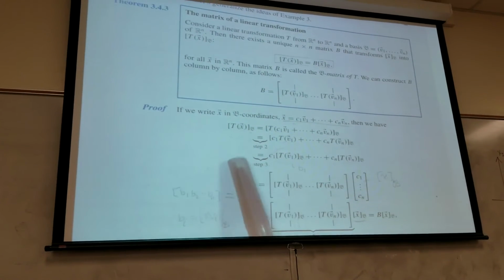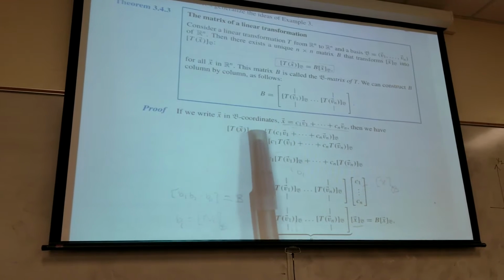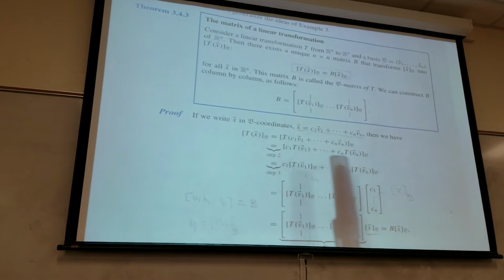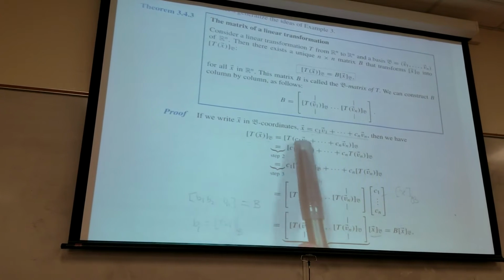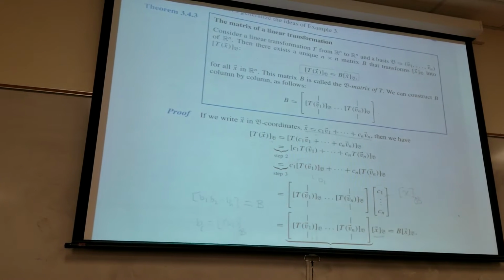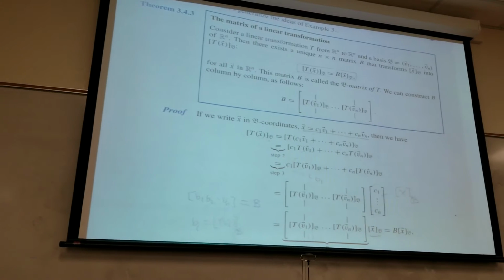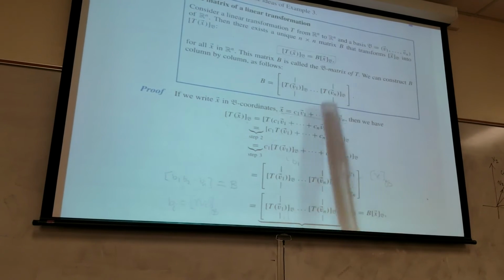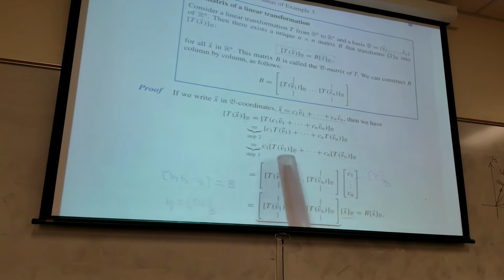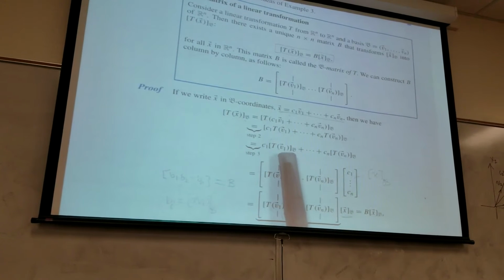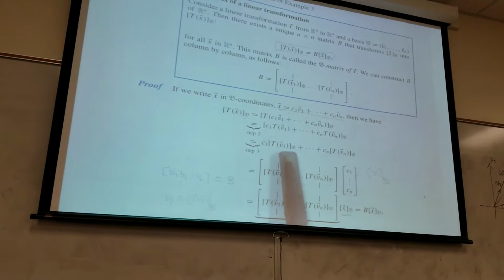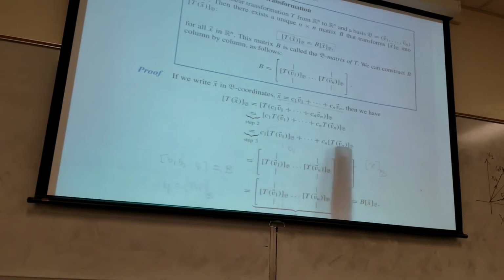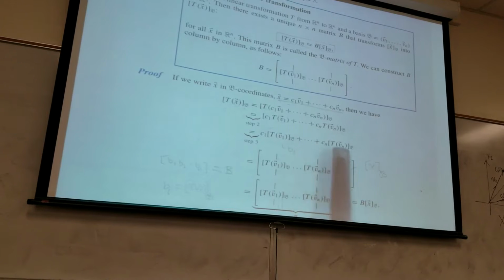And then we put brackets around them and put the subscript B. Now we use those two linear properties. So taking the bracket into each term, and then skip the c1 and c2. So that's what we did here.